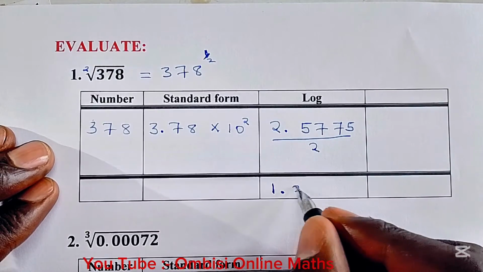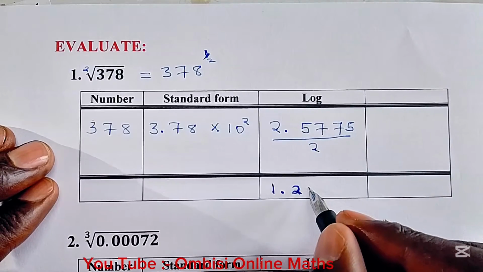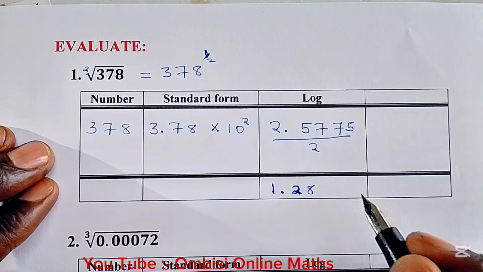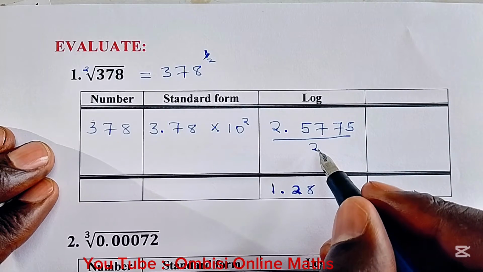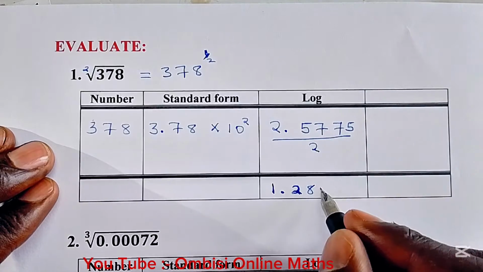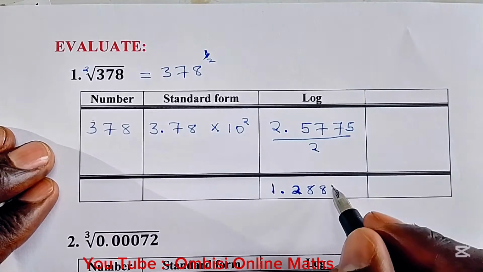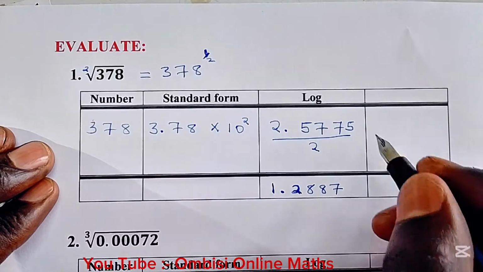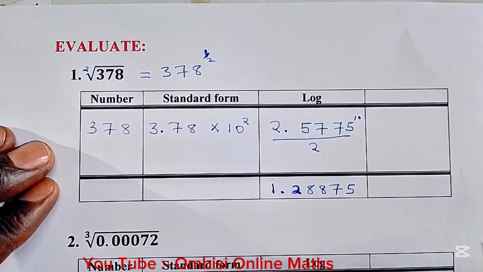Carry 1. 2 into 17, it is 8. Carry 1. 2 into 17 again, it is 8. Carry 1. 2 into 15, it is 7. Carry 1. 2 into 10 now becomes 5.